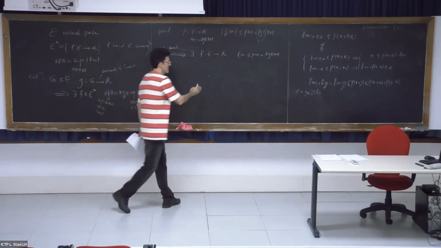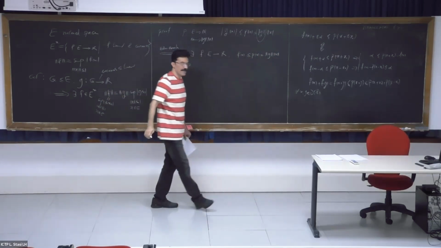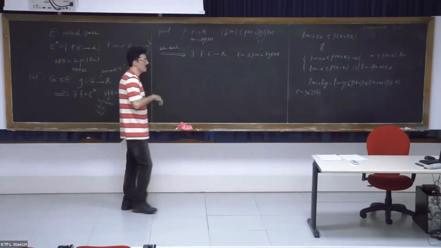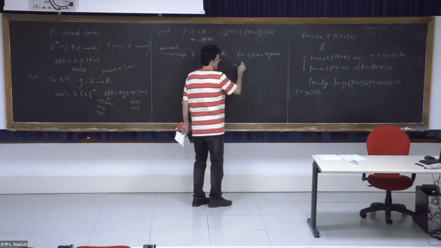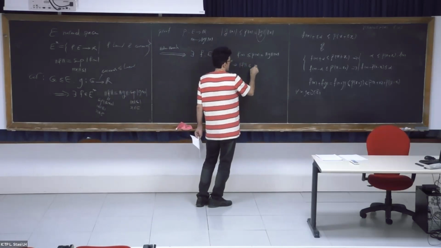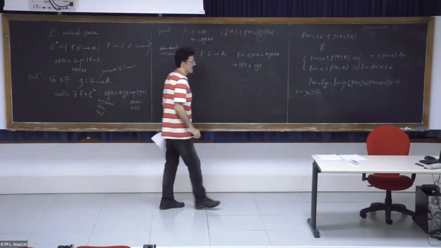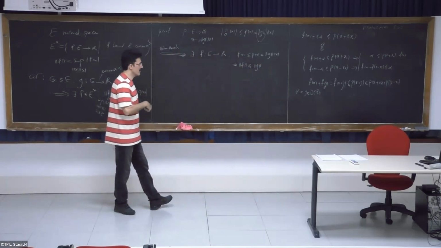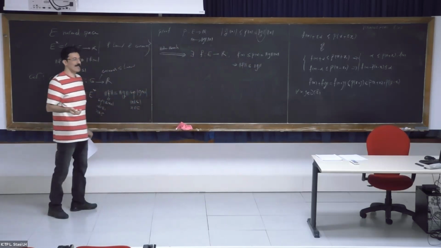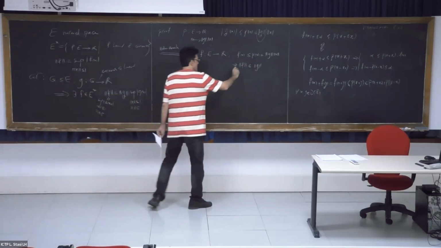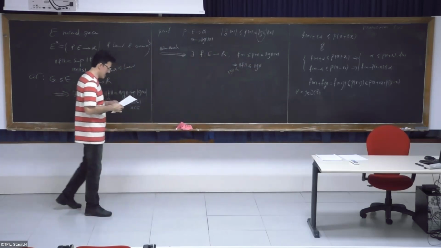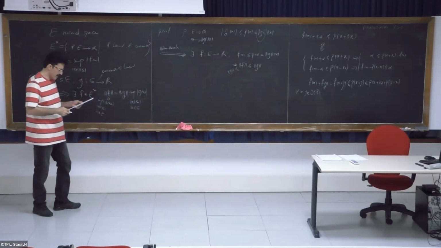And by taking the supremum on the unit ball, we deduce that the norm of F is less than or equal to the norm of G, and the converse is obvious because F is an extension of G. So we arrive at the result.